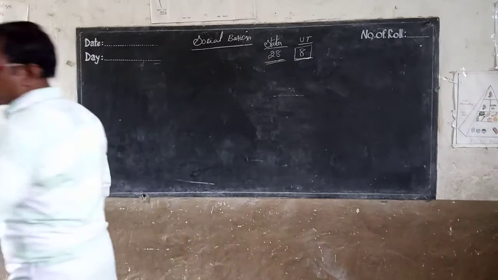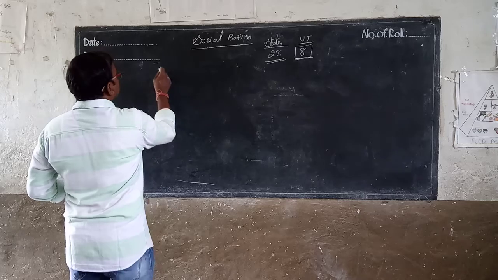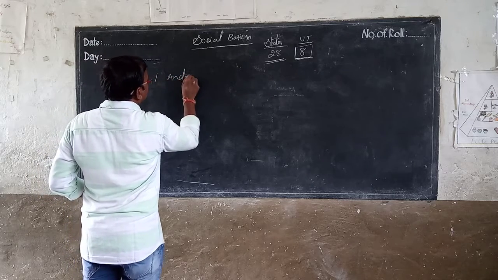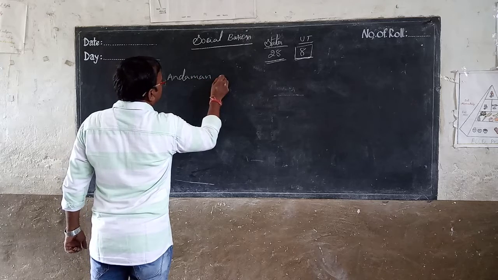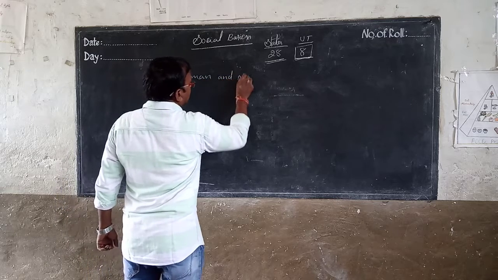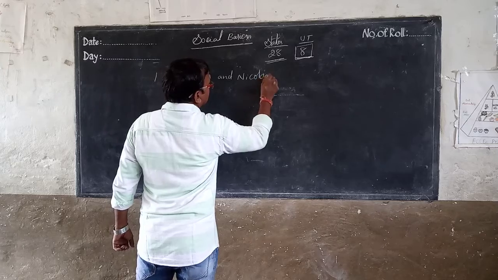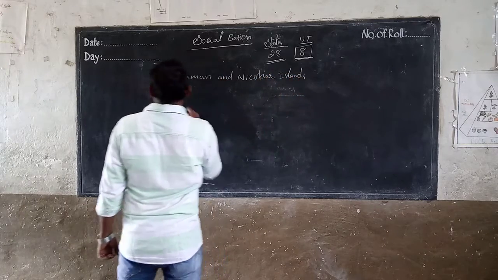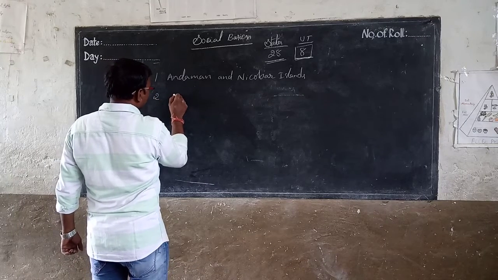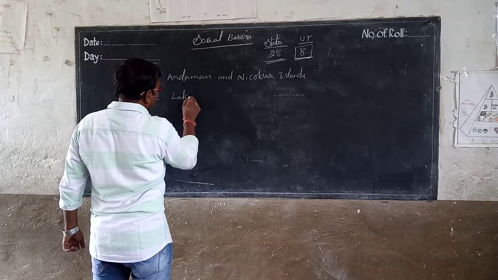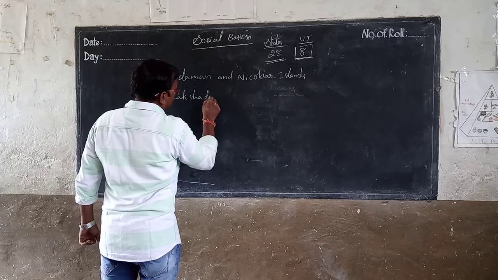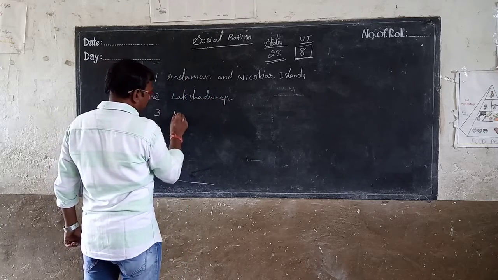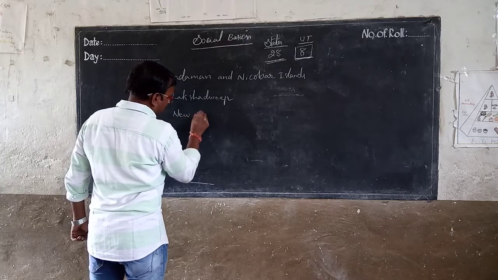Then we can easily understand these states also. The first union territory is Andaman and Nicobar Islands. Second, Lakshadweep Islands. Third, New Delhi.